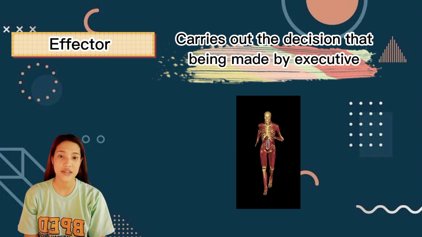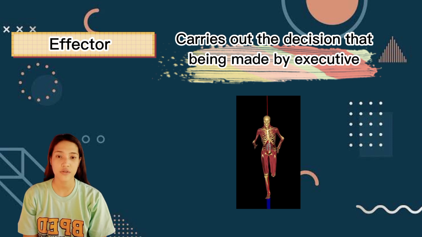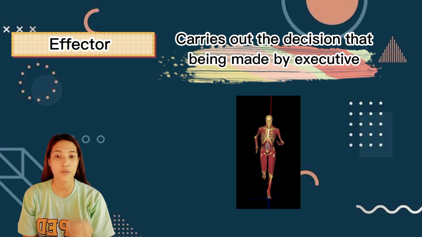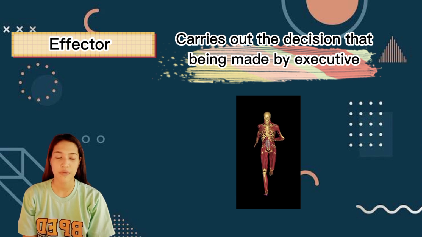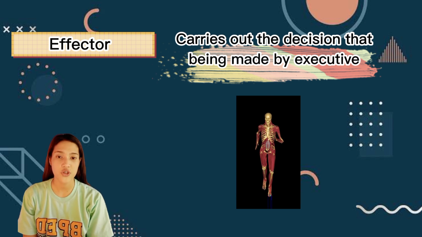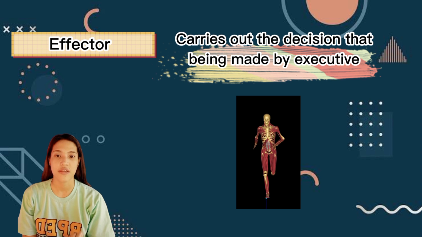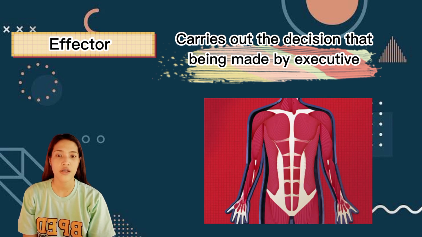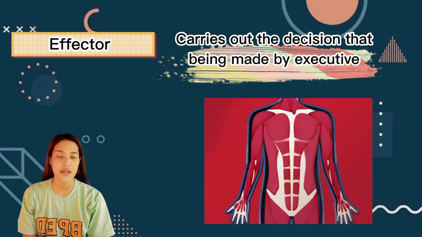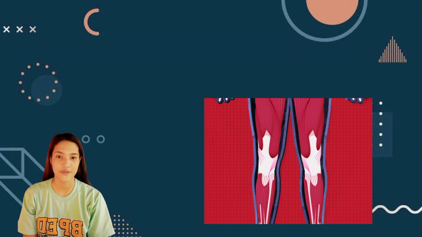Kaya kagaya nga ng sinabi ko kanina, ang executive siya ang taga-receive, taga-process, at taga-gawa ng isang decision. Pag nakagawa na siya ng decision, isi-send niya ito sa effector which is our muscles. Then, pag na-receive na ng effector, gagawin niya na or i-execute niya na yung process ni executive. So, yan ang tinatawag na effector.